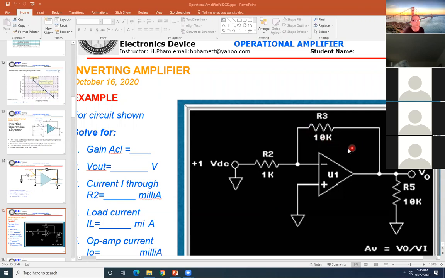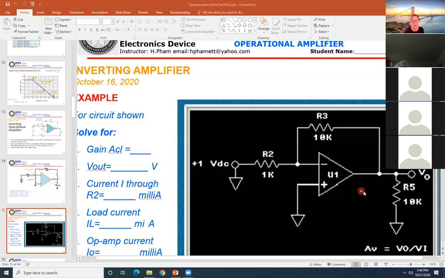Right. So it's specific to purpose and use. All right. Thank you. Okay, so for the one here, it will be inverted. The thing is they connect to the negative. To calculate the gain, you take minus R3 divided by R2. If you want to calculate V out, V out will be equal to the gain times V in.